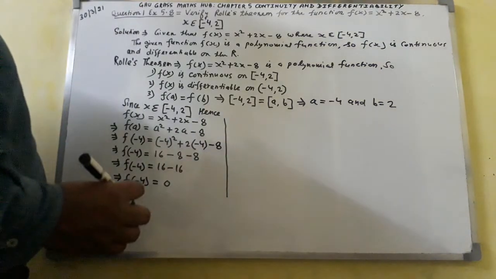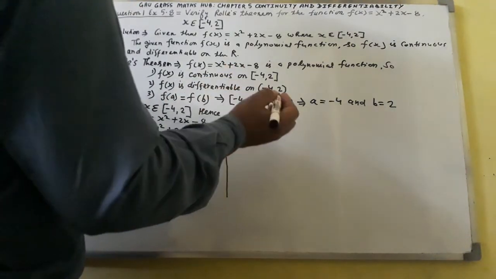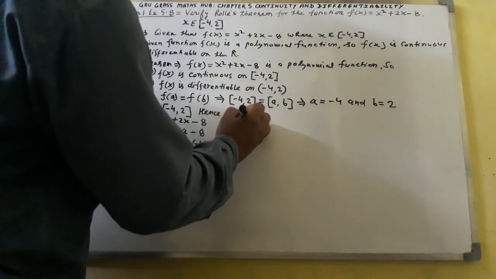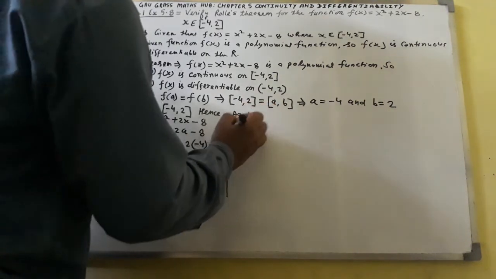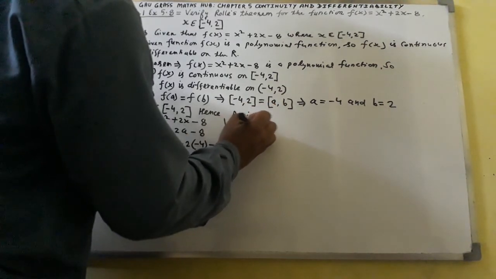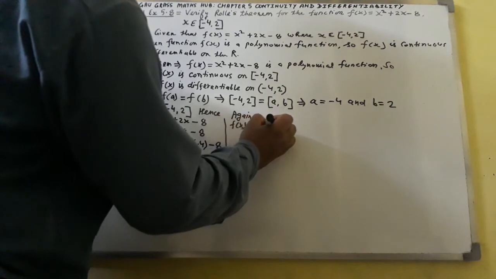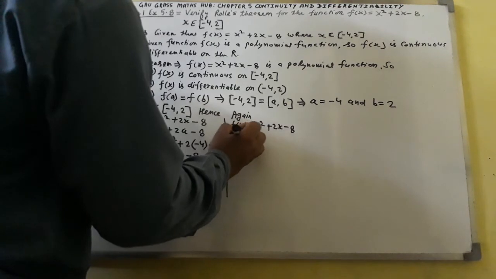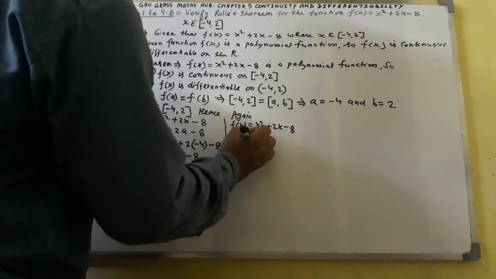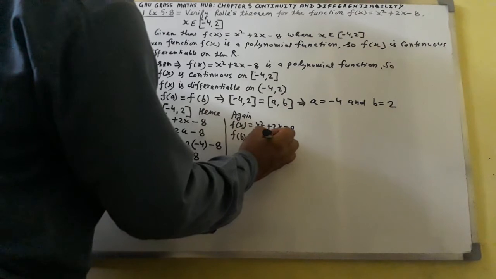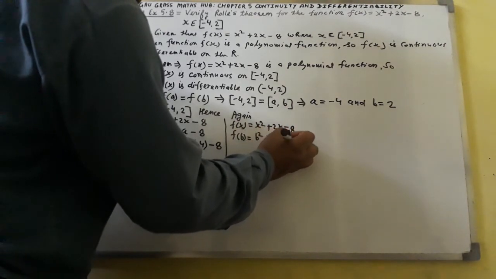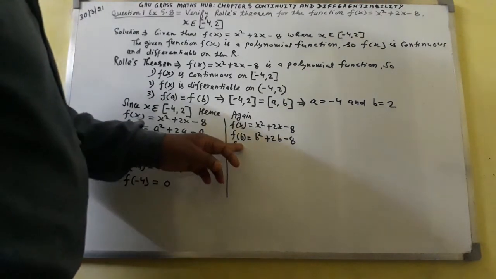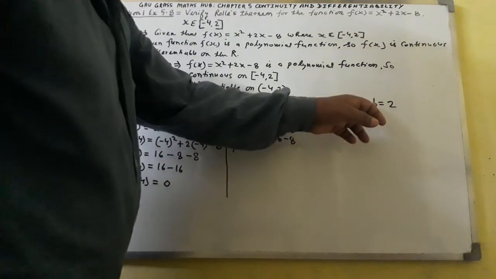Again I shall write, f of x is equal to x square plus 2x minus 8, f of b is equal to b square plus 2b minus 8. In place of b I shall write 2 because b is equal to 2.